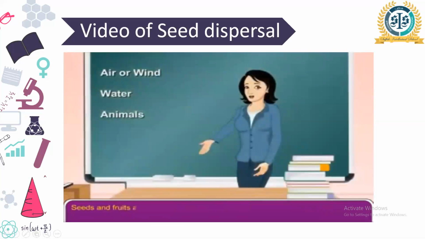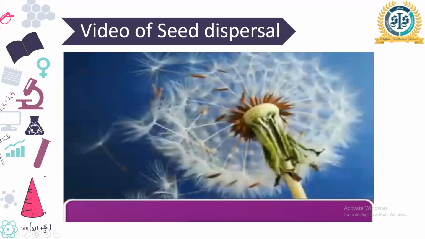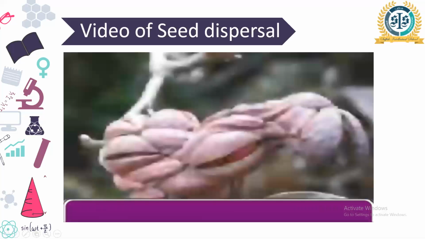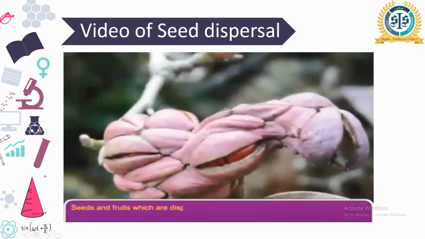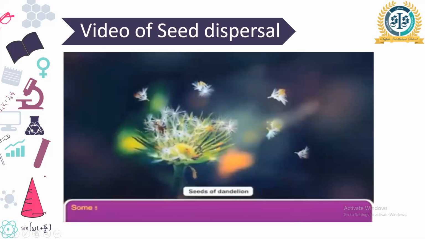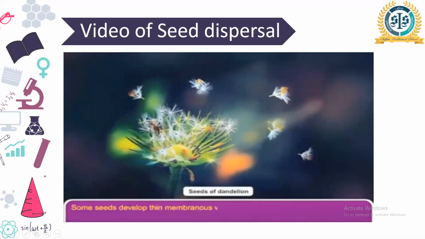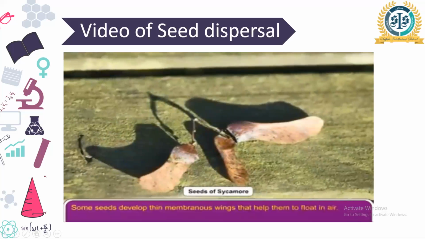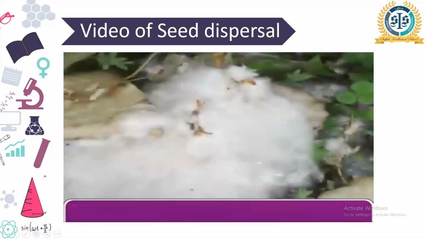Seeds and fruits are dispersed mainly by air or wind, water, and animals. Dispersal of seeds and fruits by air. Seeds and fruits which are dispersed by air are light in weight. Some seeds develop thin membranous wings that help them to float in air. Seeds of cotton and oak have hair that helps them to float in air.